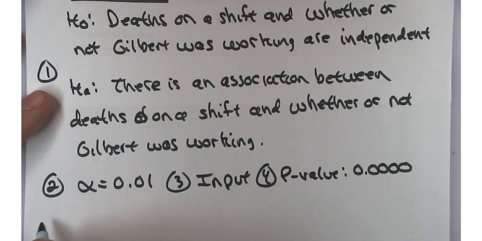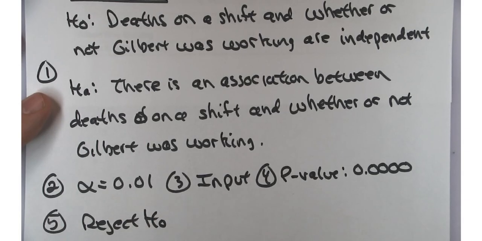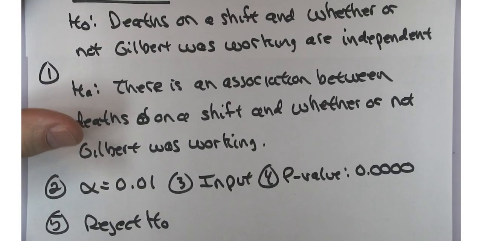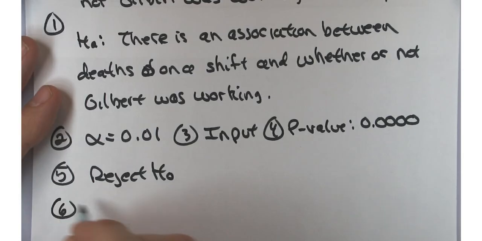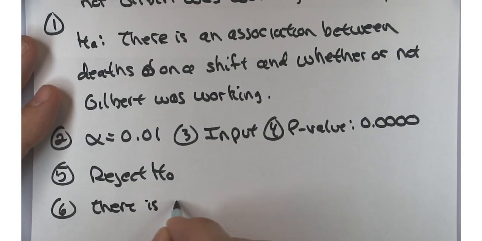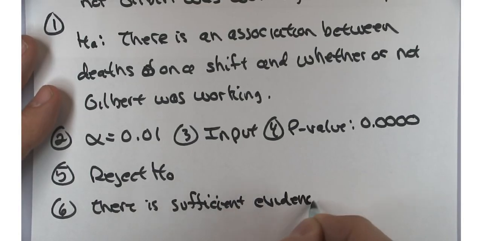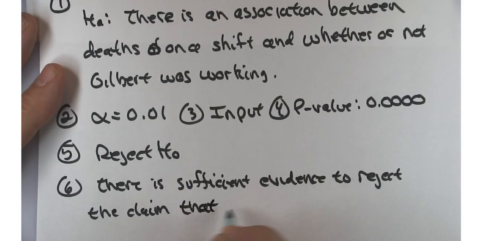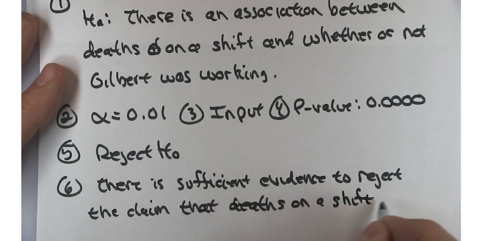And now here's my challenge to you. Reject H0. Let's say you write the conclusion together, and I'm going to have a little follow-up for you. There is sufficient evidence to reject the claim that deaths on a shift and whether Gilbert was working are independent.